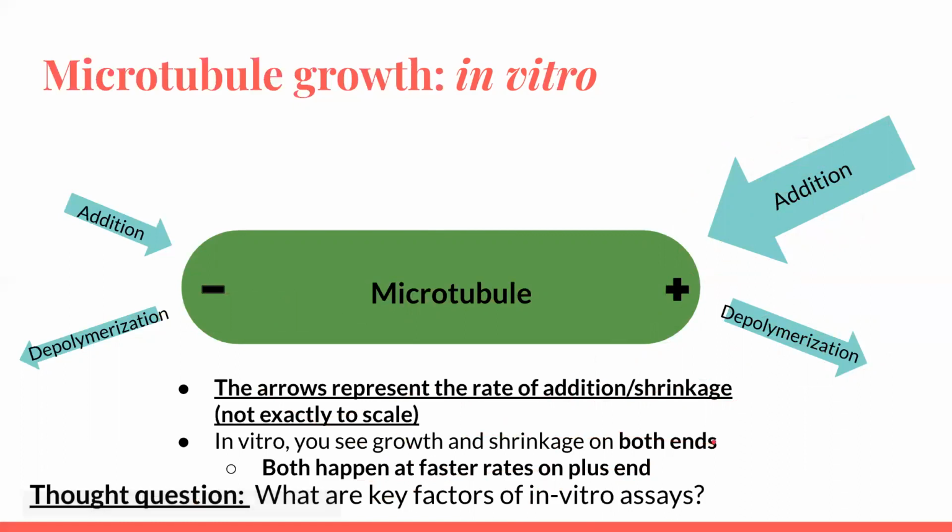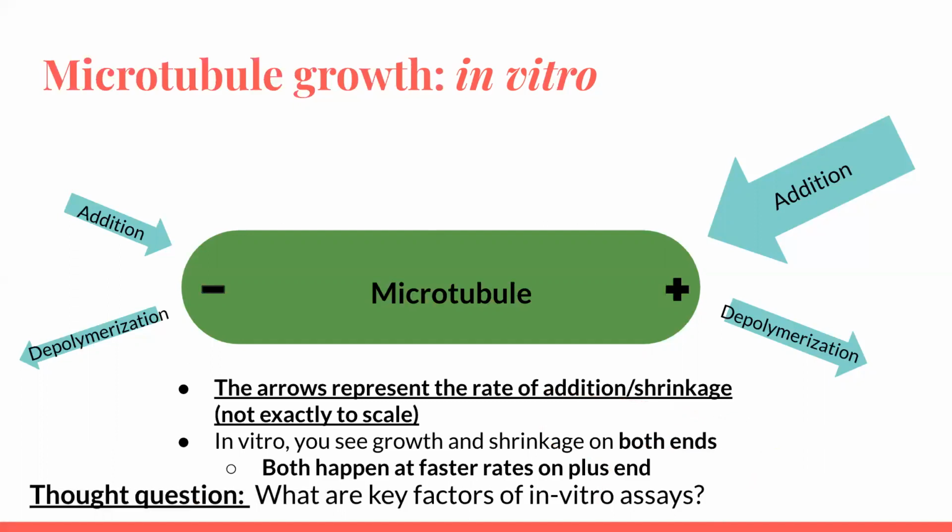Okay, so a lot of the questions Laura asked will be in an in vitro assay, because that's the easiest place to study a microtubule. So what are key factors when you're putting something in vitro? Whatever's happening on the outside of the cell has to be physiologically possible within the cell.